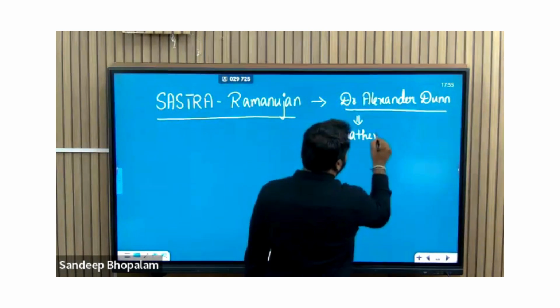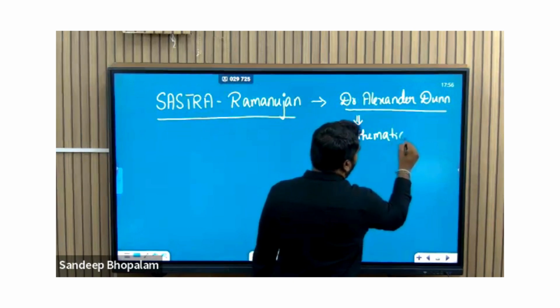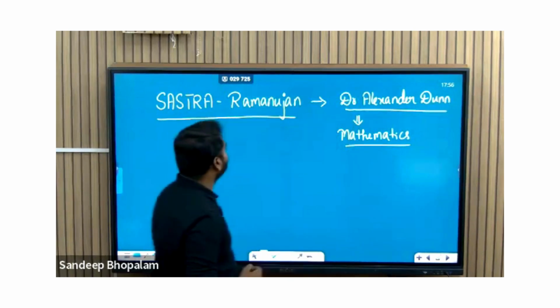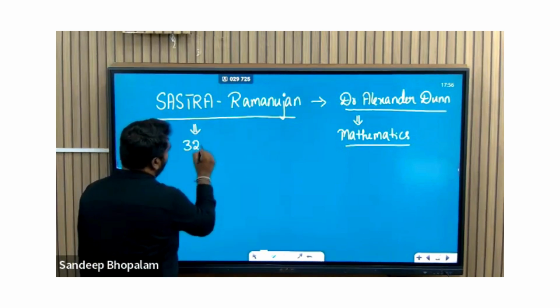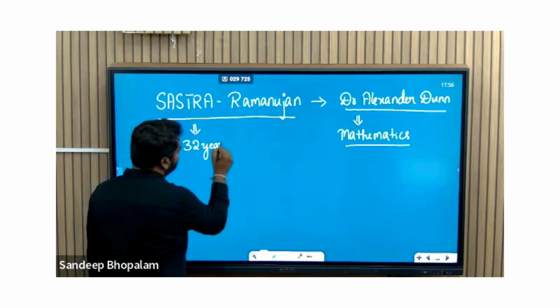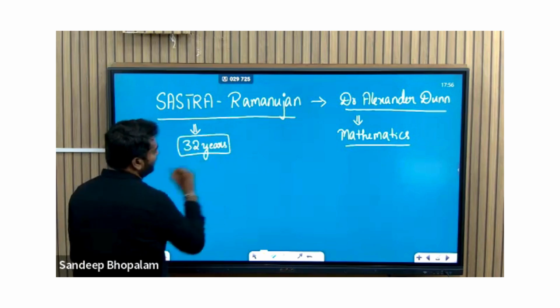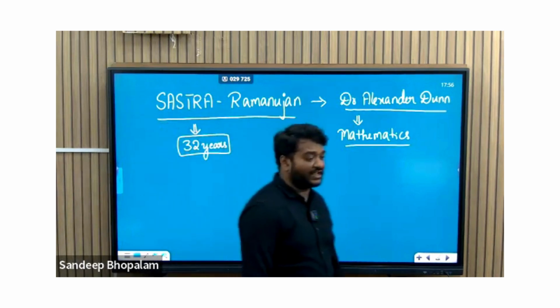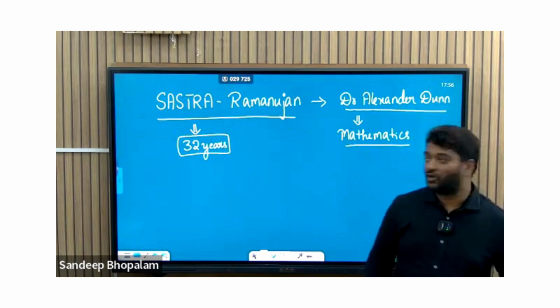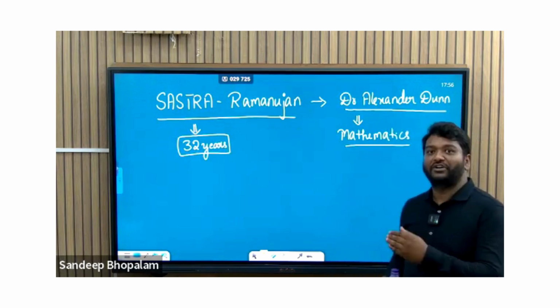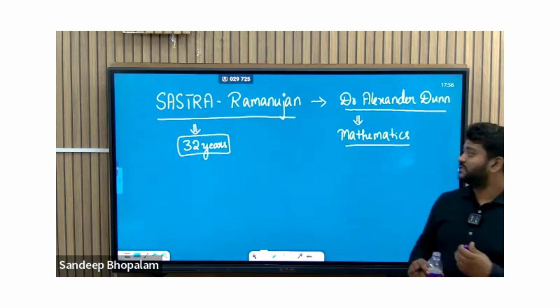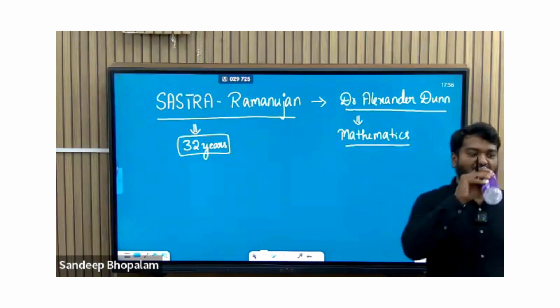So it is a very important award with respect to mathematics. And guys, this is given only to people who are younger than 32 years, because Ramanujan lived for these many years and within that he had achieved excellent things. So those who have achieved things before 32 years, only they will be given awards with respect to this.